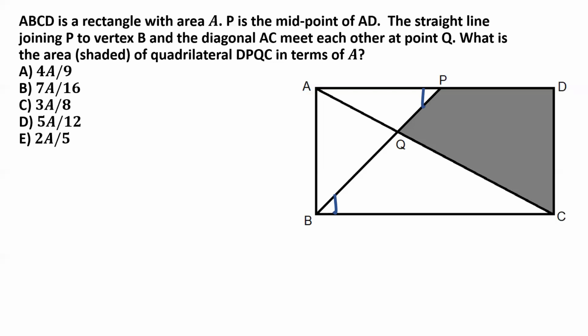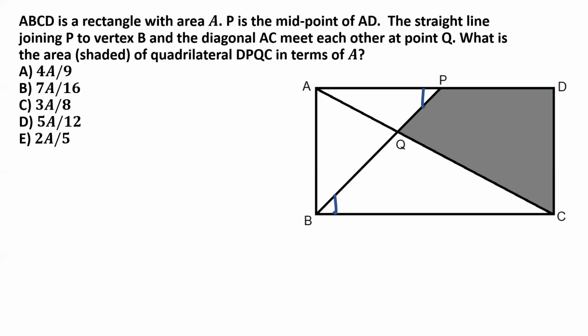Those two angles are marked in blue here, and these angles should be equal. Why? Because they're alternate angles created by the intersecting line BP with the parallel lines AD and BC.